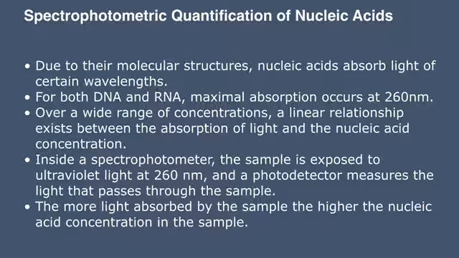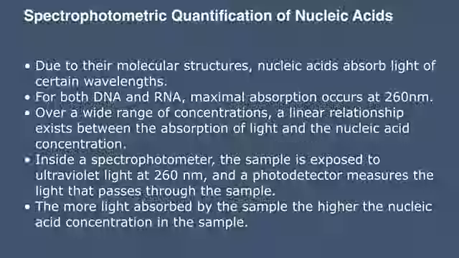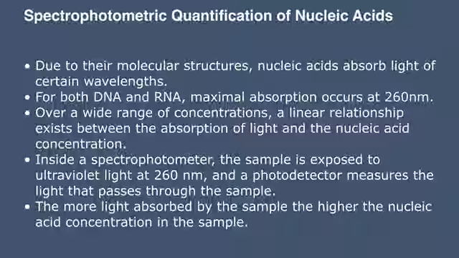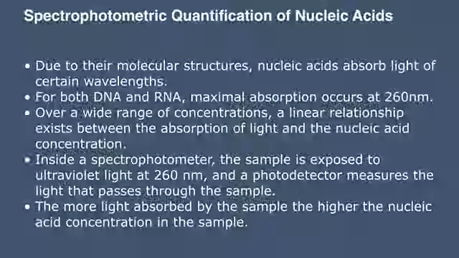Inside a spectrophotometer, the sample is exposed to ultraviolet light at 260 nanometer, and a photodetector measures the light that passes through the sample. The more light absorbed by the sample, the higher the nucleic acid concentration in the sample.